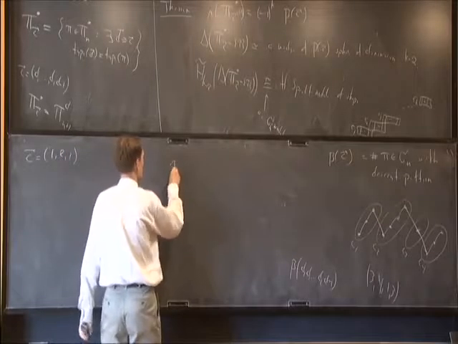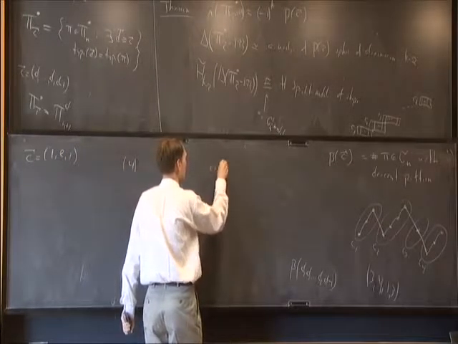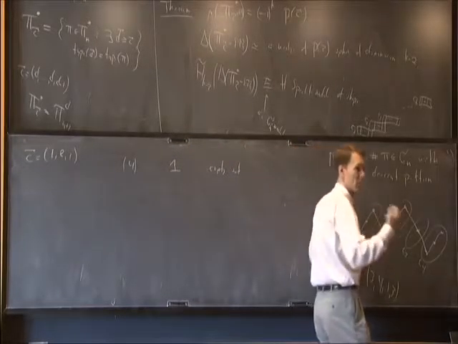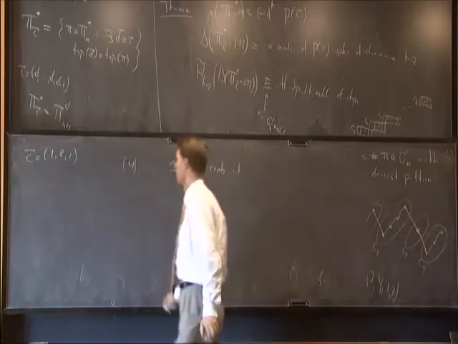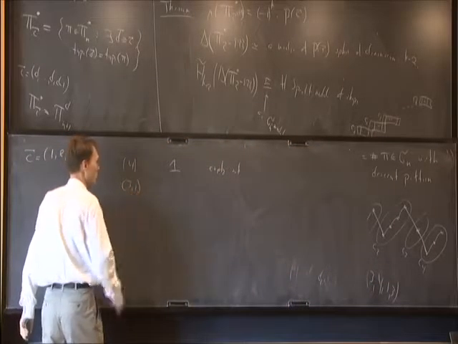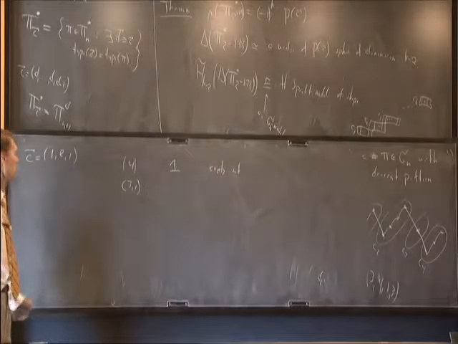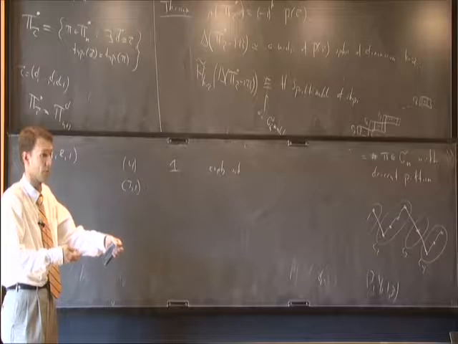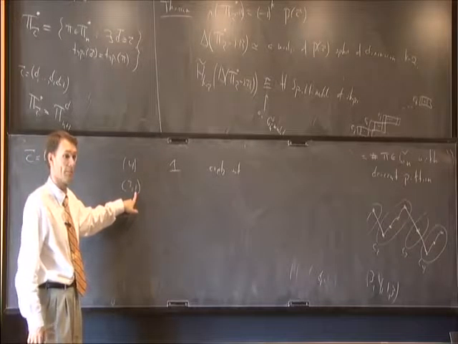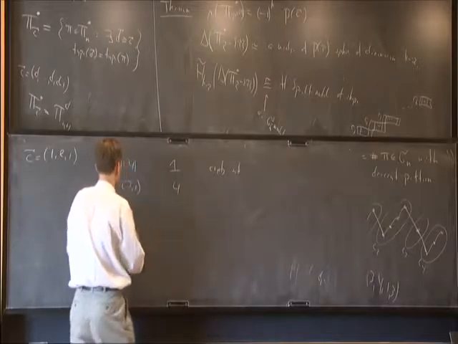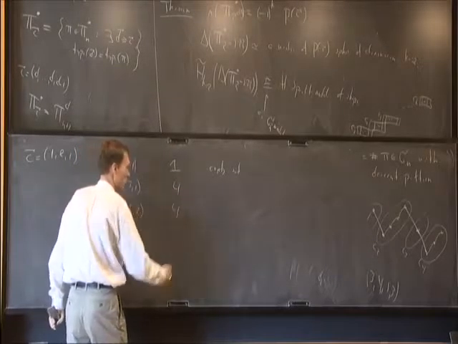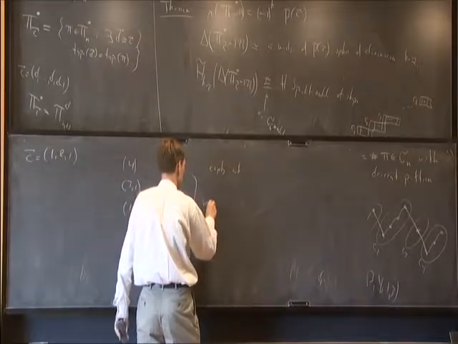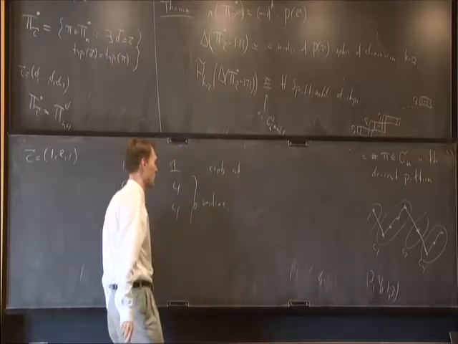So the number of such things is 1, and this is going to be the empty face of my simplicial complex. Then I have phi 1. Well, I have 4 elements. I should put the first 3 down and the next one. There are 4 ways to choose which element should go here. Or I can have 1, 3, which is also 4. So these are going to be my vertices. In this example, I'm going to have 8 vertices.